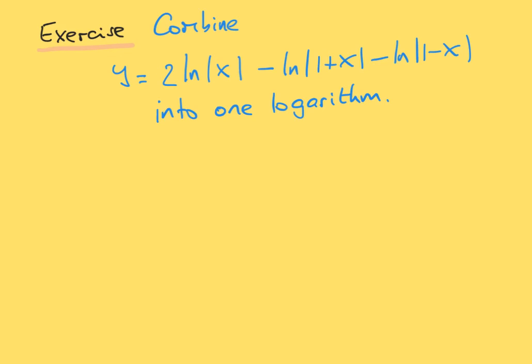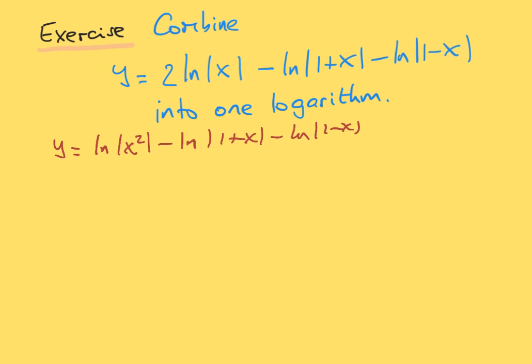So one of the first things that I would say you have to do is write y is the logarithm of the modulus of x squared minus the logarithm of 1 plus x minus the logarithm of 1 minus x. And now you can combine these in different ways.